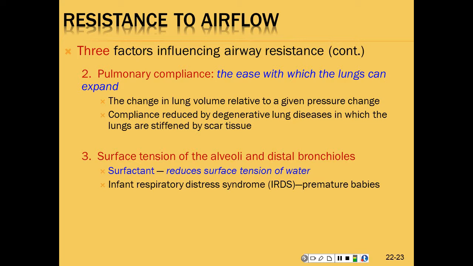Now, the thoracic cage may produce the same intrapleural pressure in two different people, but lungs will expand less in one with poor pulmonary compliance. So if your lungs aren't good, your lungs are not going to expand as much as someone that has a healthy set of lungs. But the compliance can be reduced by degenerative lung disease, such as TB, tuberculosis, and black lung disease.